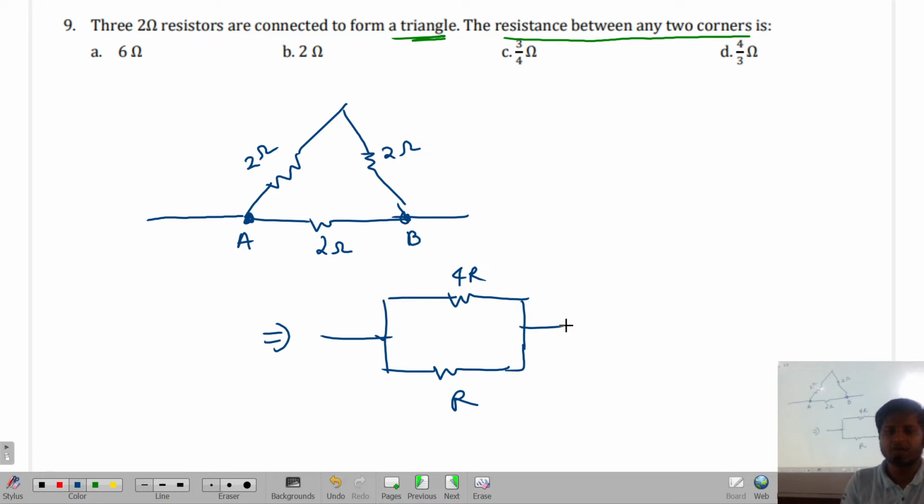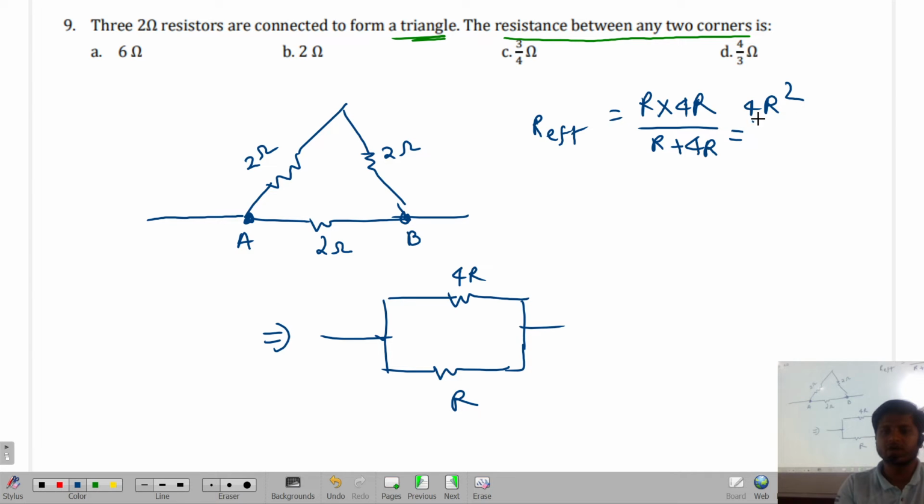R. So can you calculate the effective resistance? R effective will be R into 4R divided by R plus 4R. Yes or no? So R into 4R is 4R squared divided by 5R. That R got cancelled. Hey, wait, this is 2R, no?